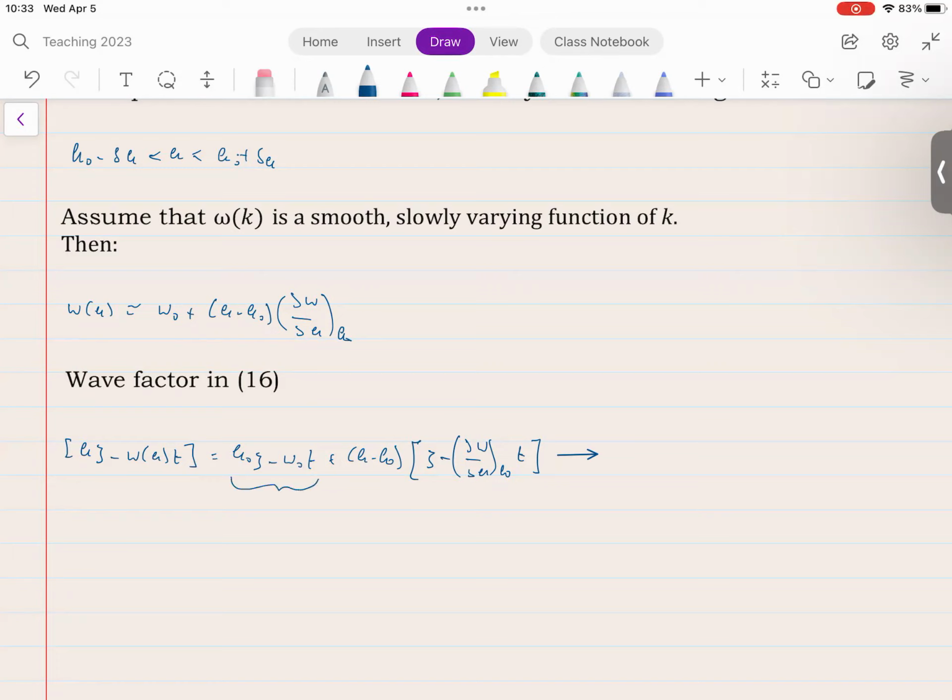That is what I would have at the center of my wave packet.